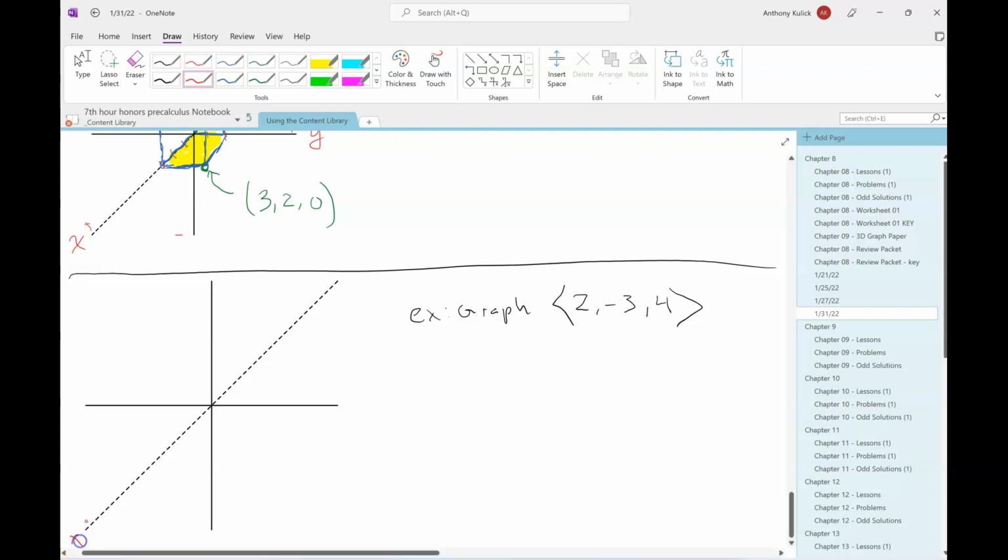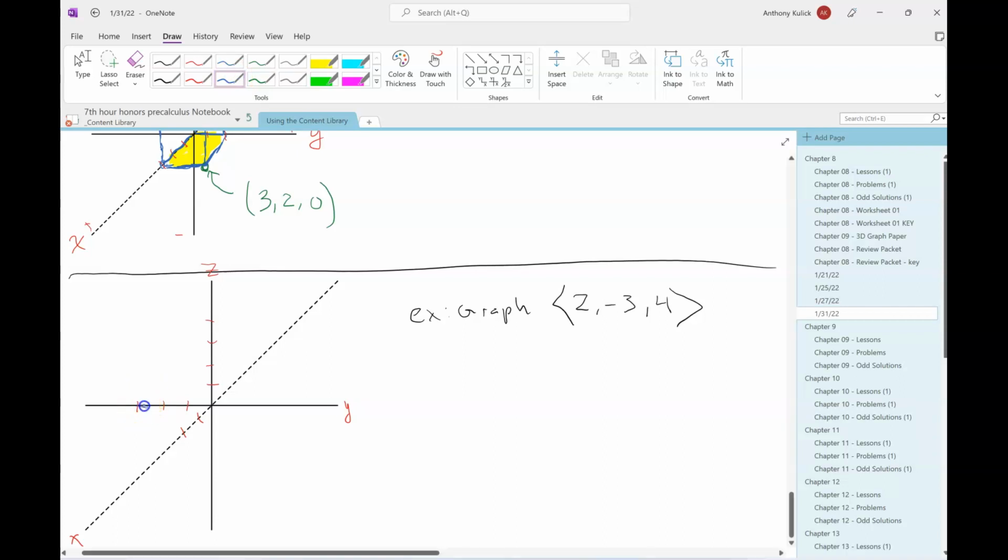So again, I'll label my X, Y, and Z axis. I'll start by drawing some tick marks. So 2 on the X, 3 on the Y. Notice I'm going in the negative direction on the Y. And then 4 on the Z. Okay.